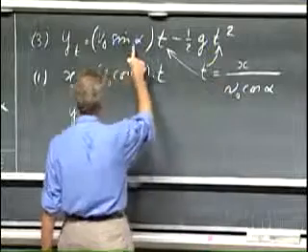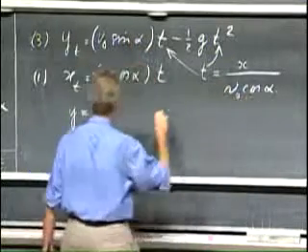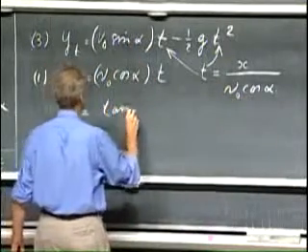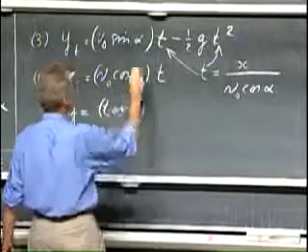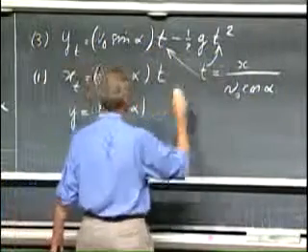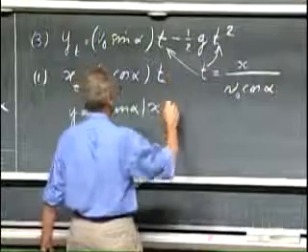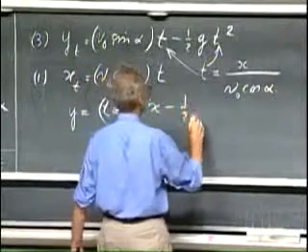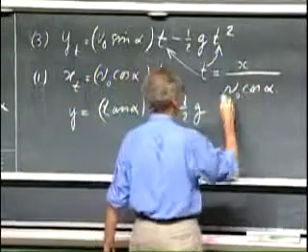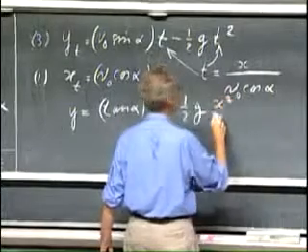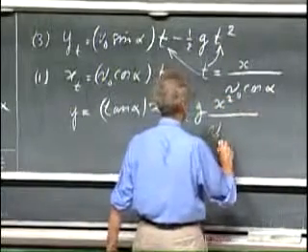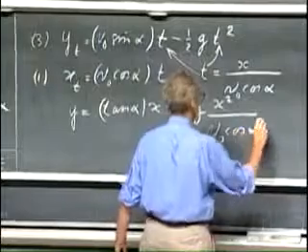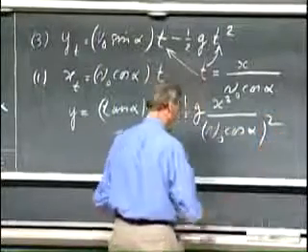That cancels. There's a sine alpha here and a cosine alpha there. That makes it the tangent of alpha. And then I have here an x. Then I get minus 1/2 g times x squared divided by v0 cosine alpha squared.